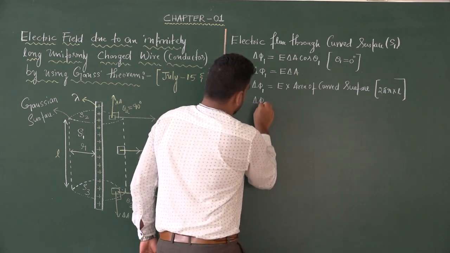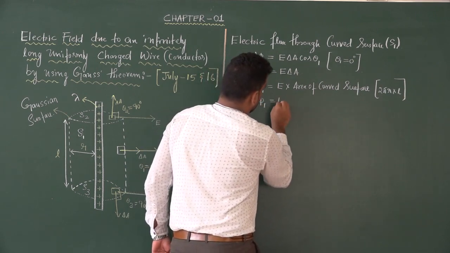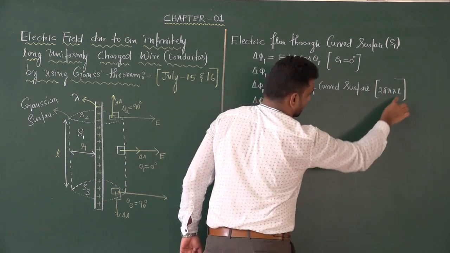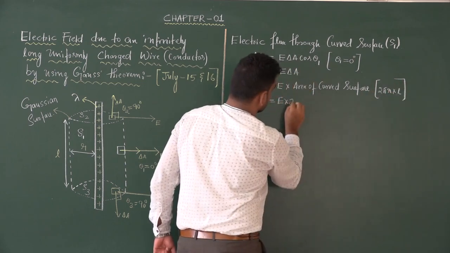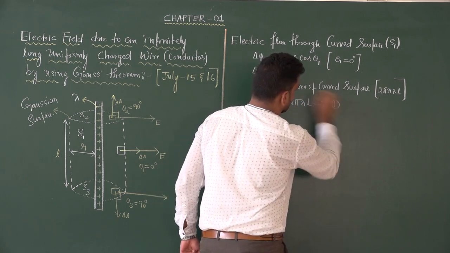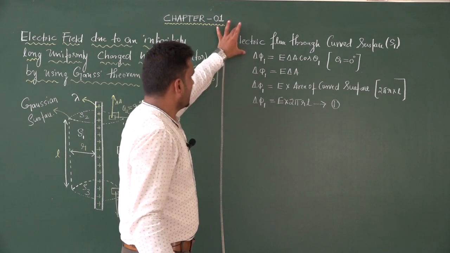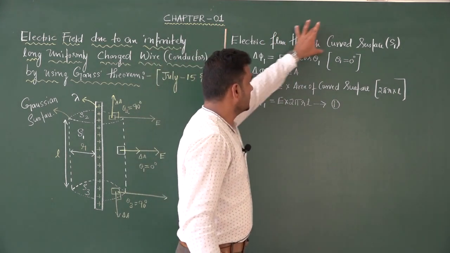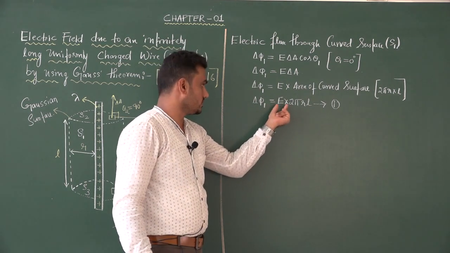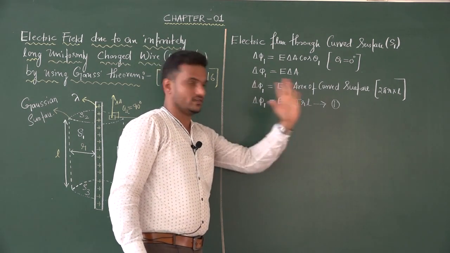Then delta phi 1 is equal to E into area of curved surface, which is circumference into length, that is 2 pi r into L, that is equation number 1. Electric flux through curved surface S1, so we got it. Delta phi 1 is equal to E into 2 pi RL, equation number 1.